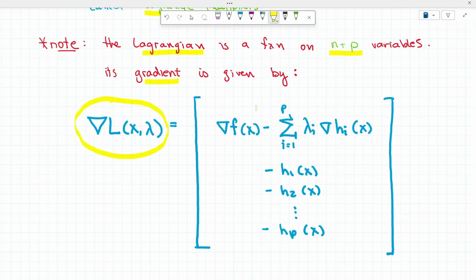I do have previous videos on gradients. Essentially, the gradient is the collection of partial derivatives when you have multivariable functions. So here we're taking the gradient of our Lagrangian, and that's this function right over here, and we're going to set this to 0 and solve for our optimal solutions.